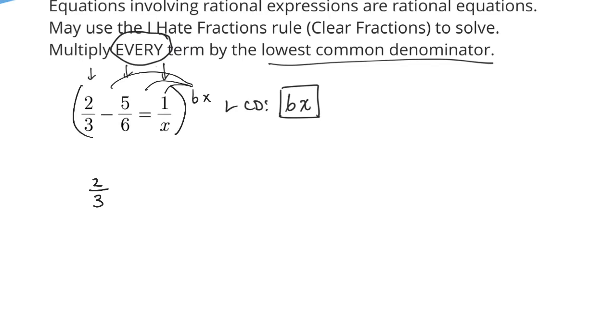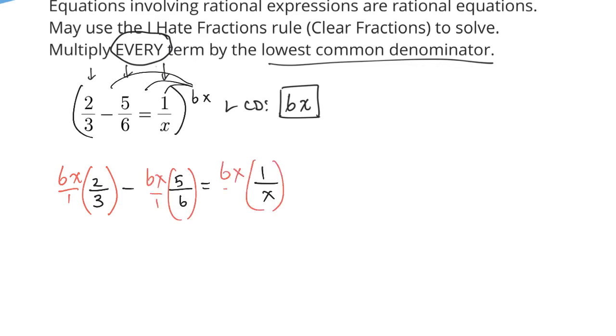I like to actually do it this way. So I rewrite my equation, and I just leave space for multiplying everything by 6x. Okay, so I'm going to multiply this by 6x, and you can call it 6x over 1. Multiply this by 6x over 1. Multiply this by 6x over 1.